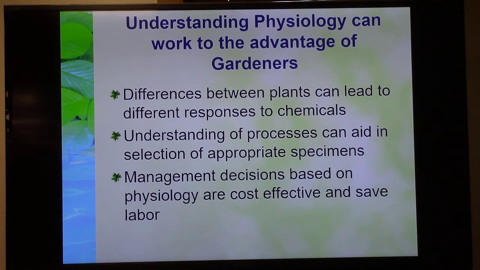Okay? Understanding the processes can aid in the selection of appropriate specimens. You've got a particular plant that you'd love to grow, and it loves acid soil. And you do the right thing, because all master gardeners know that first you do a soil test, right?